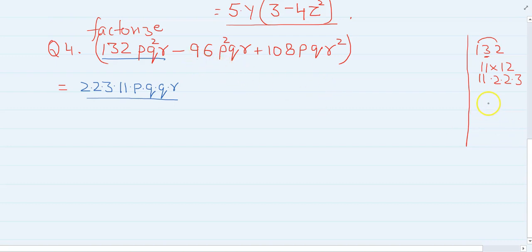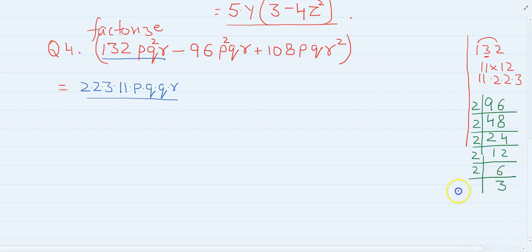Now we have 96. You can find the factors of 96 using that old method: 2 times 4 is 8, and 2 times 8 is 16. 2 times 2 is 4 and 2 times 4 is 8. Then 2 times 1 is 2, 2 times 2 is 4, 2 times 6 is 12 and 2 times 3 is 6.